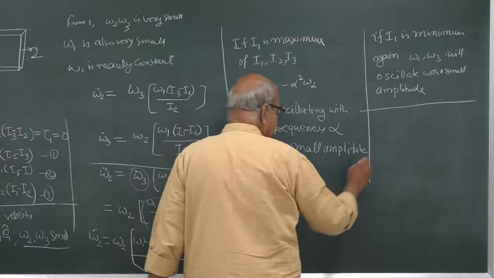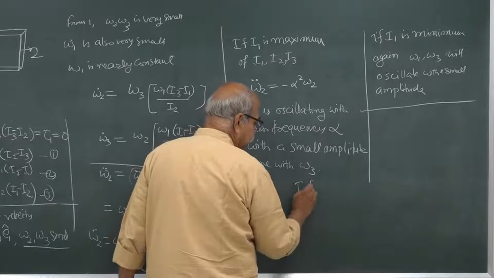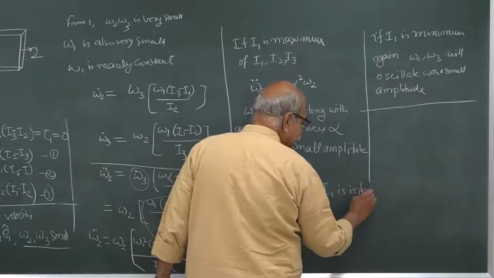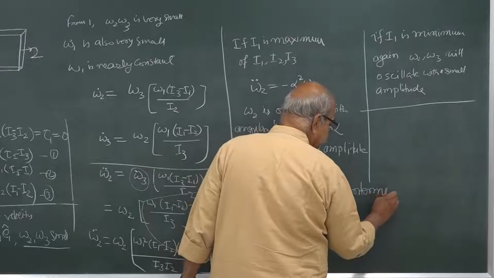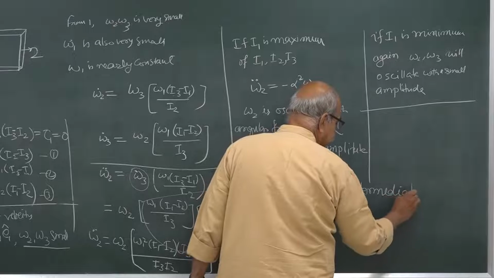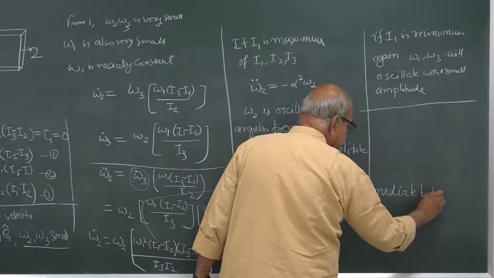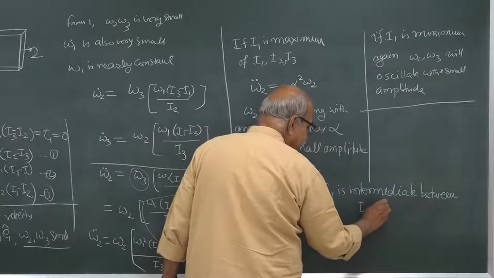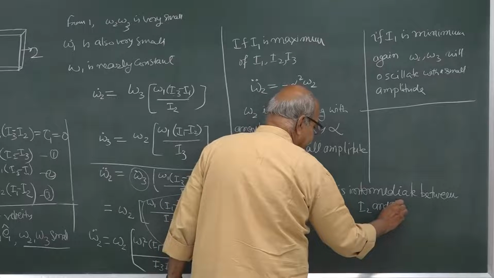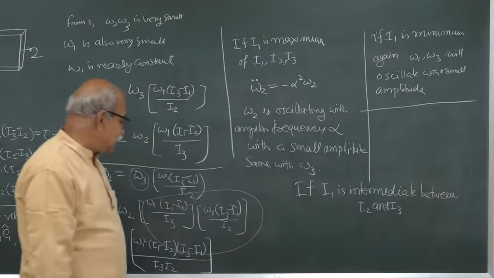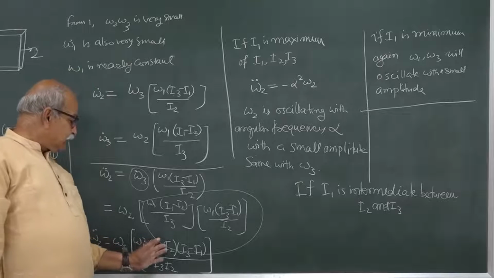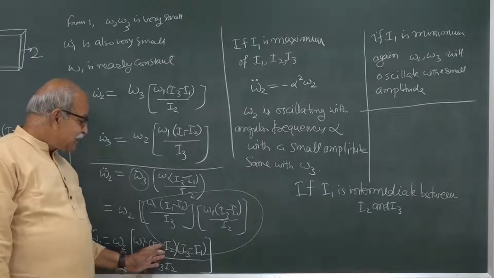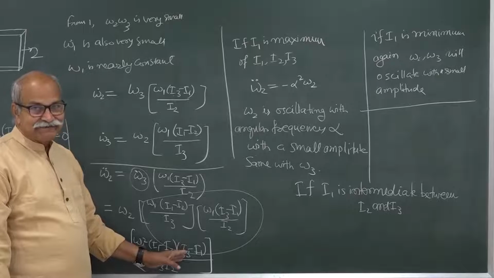Now finally, if I 1 is intermediate between I 2 and I 3, then if one factor is positive, the other will also be positive, and if one is negative, the other is also negative.